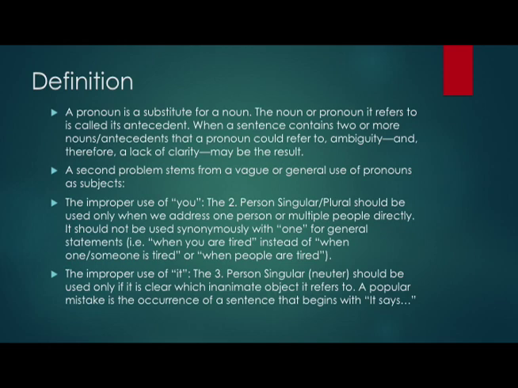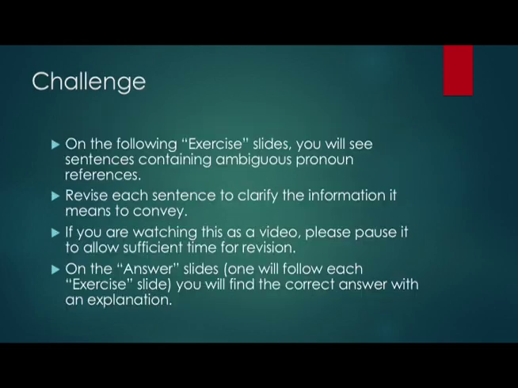So what we're going to do is we're going to look at a few sentences. So on the exercise slides, again, you will see sentences that contain ambiguous pronoun references. Okay. Again, I would like you to pause the video if you're looking at it as a video.